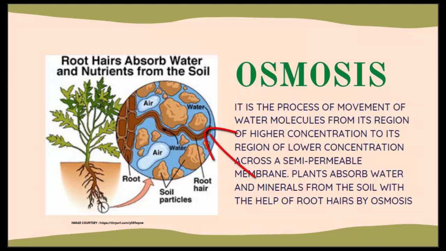These root hairs are extending. In this diagram we can see that the root hairs are extending and they are surrounded by these brown colored soil particles and the sky blue colored water molecules, and this arrow shows that water molecules are entering inside the root, right?